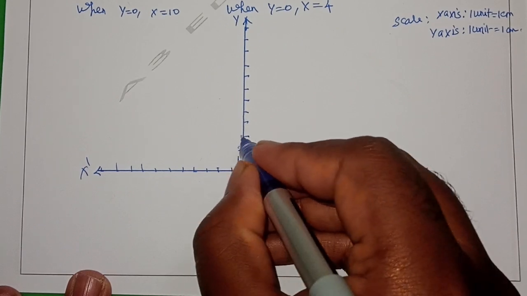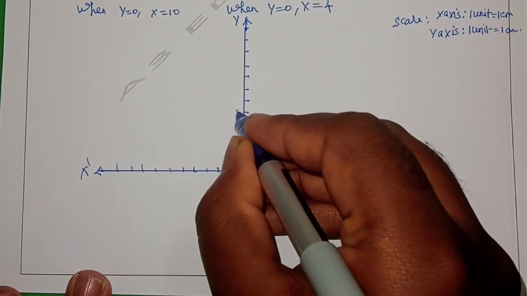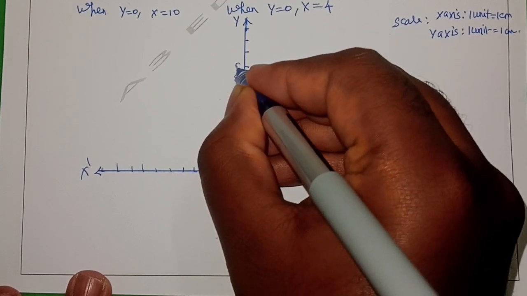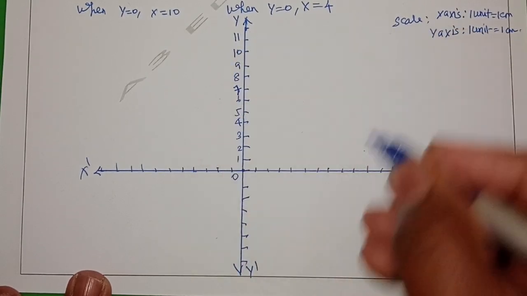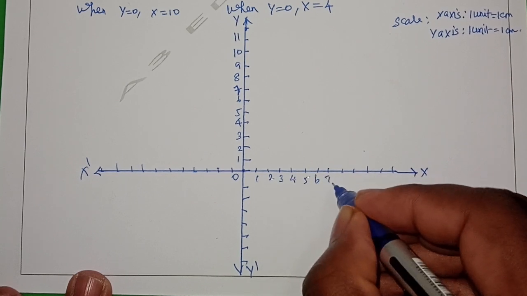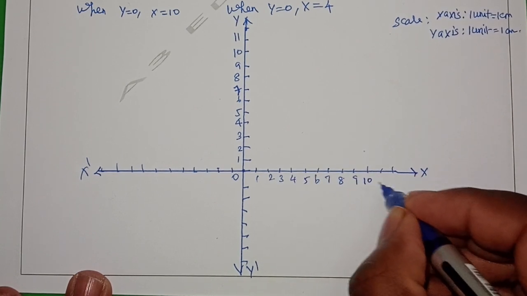1, 2, 4, 5, 6, 7, 8, 9, 10, 11. 1, 2, 3, 4, 5, 6, 7, 8, 9, 10, 12.